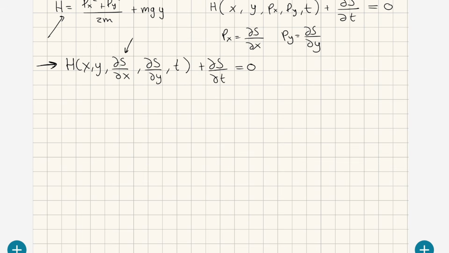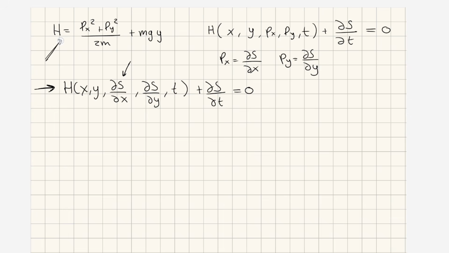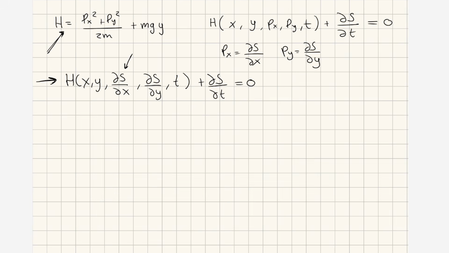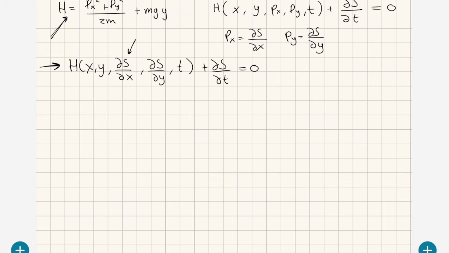And what happens if we take this Hamiltonian and we substitute the values of px and py into it, which correspond to the partials with respect to x and with respect to y?